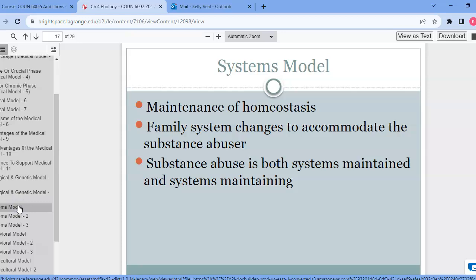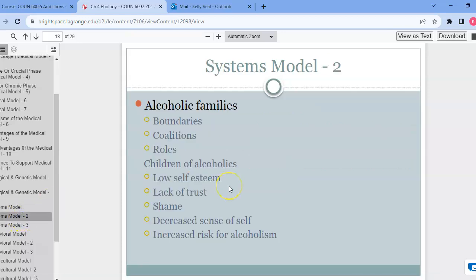The systemic family model: the maintenance of homeostasis in the family system. The family system changes to accommodate the substance abuser. Substance abuse is both system-maintained and system-maintaining. So our environment, who's using in our environment growing up? Is our family an alcoholic family?